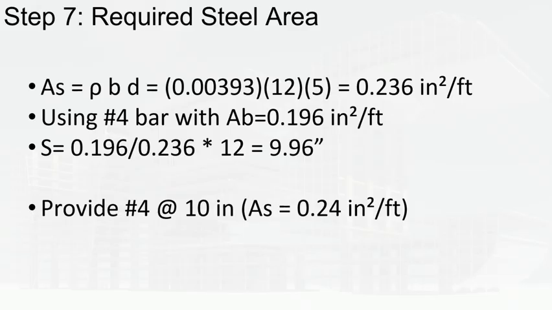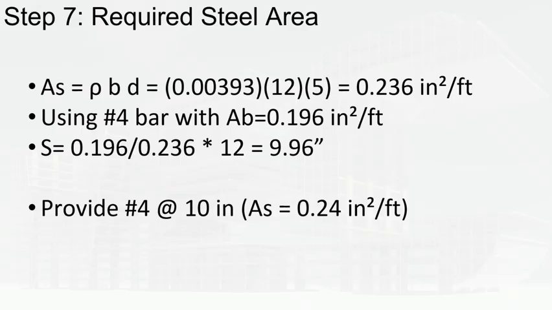So here we will use bar number 4, and its area is 0.196 inch square. You guys know how to calculate the area. It's simple. What you need to do is calculate the diameter of your number 4 bar. For number 4, you divide it by 8. You will get 0.5.